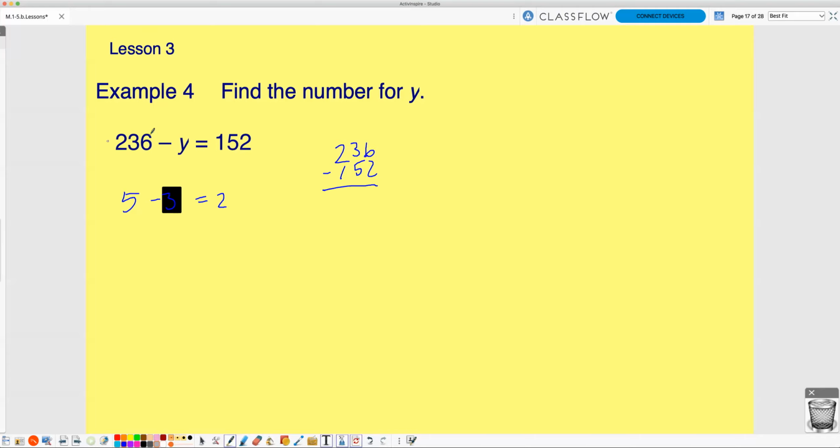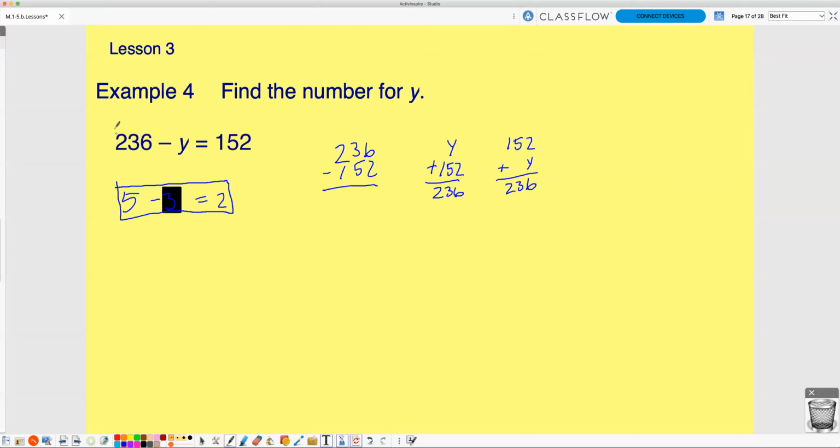Now, if you've forgotten that, you don't remember this is a subtrahend, and you can't remember, try an easier problem that's a no-brainer, you could create a fact family out of these. You could create another problem. This would be another subtraction problem, and then you could also do y plus 152 equals 236, and you could have 152 plus y equals 236.